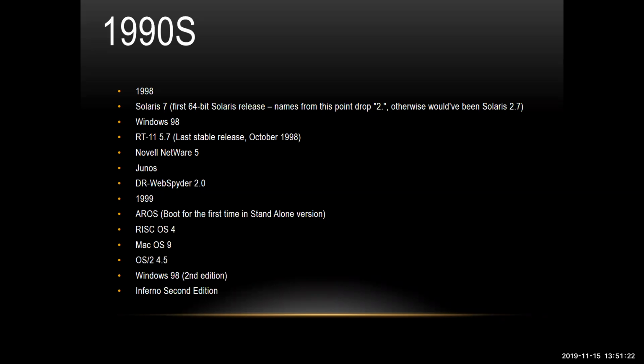The Junos operating system is used in Juniper Networks' high-performance network devices, creates a responsive and trusted environment for accelerating the deployment of services and applications for a single network. And then the DR Web Spider 2.0.